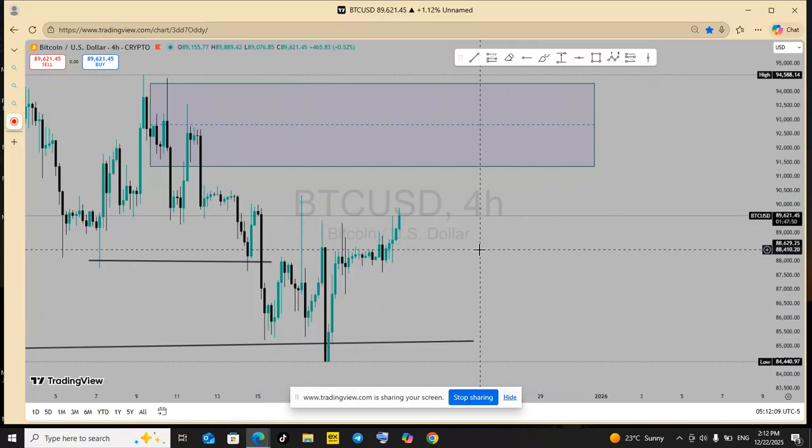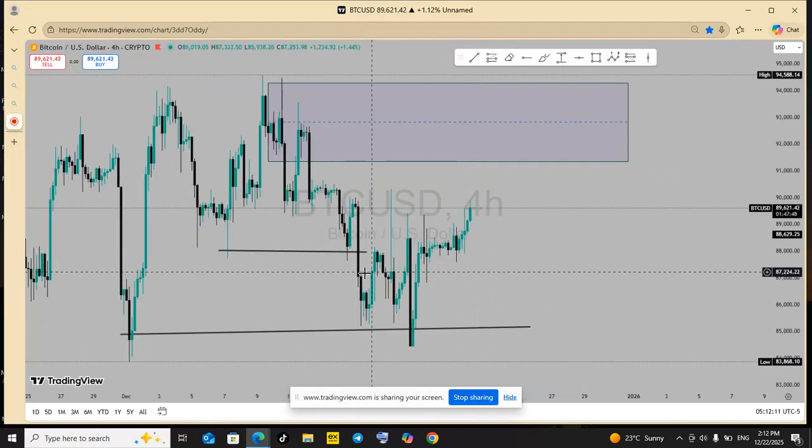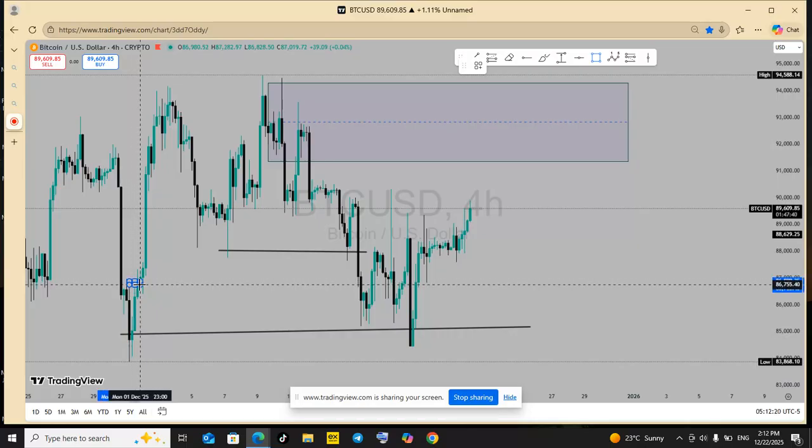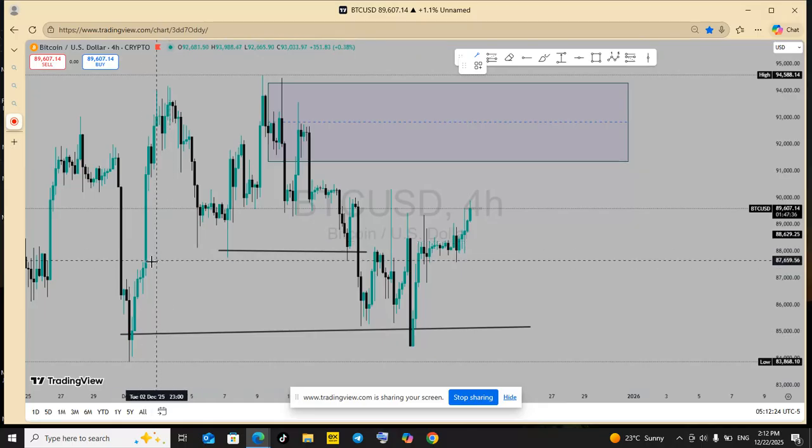Remember this one, we do it in our 4 hours. So here, as I was saying, there was a demand zone, because you can see there was a break of structure here.